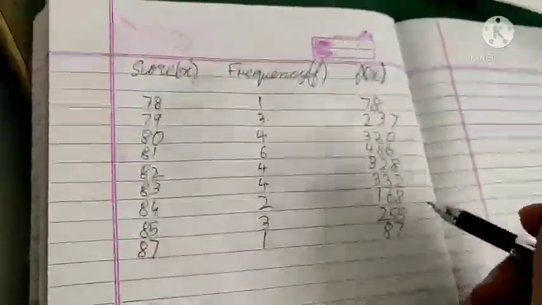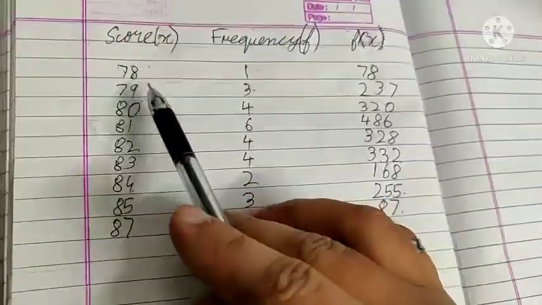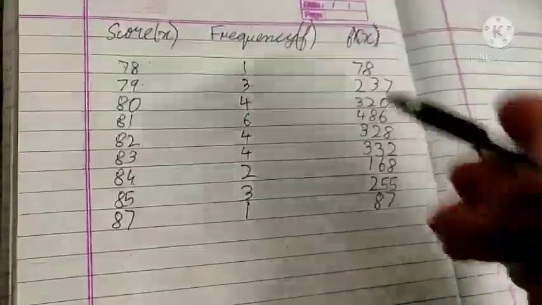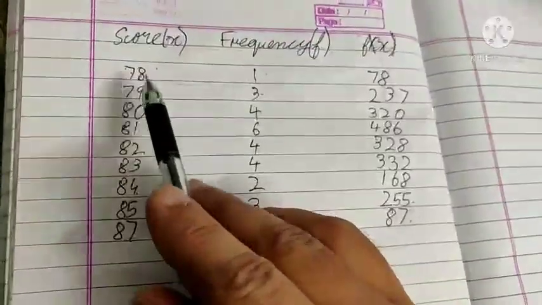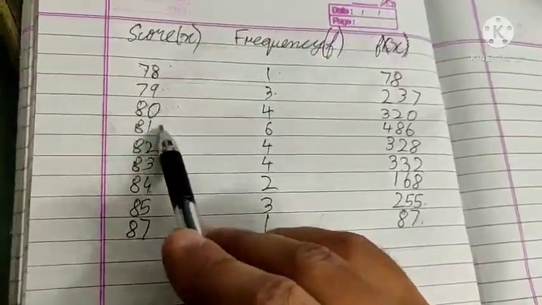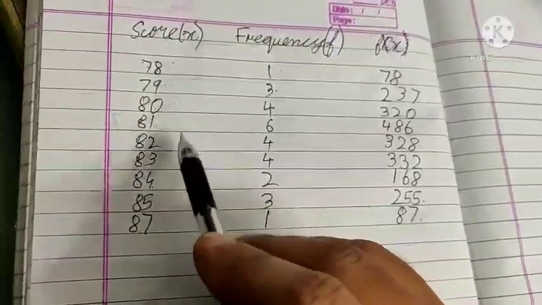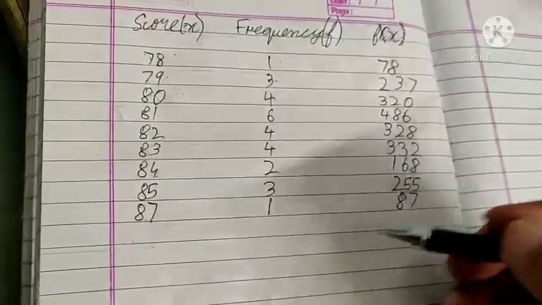Now, first we would have done 78 plus 79 plus 79 plus 79 plus 80 plus 80 plus 80 plus 80 and so on. Now we have these multiplications and then we will add them.